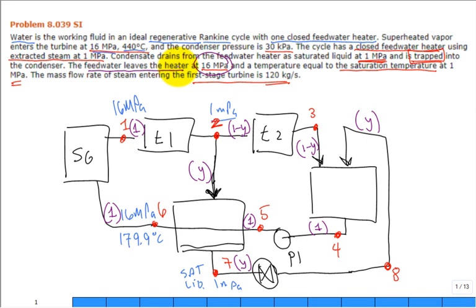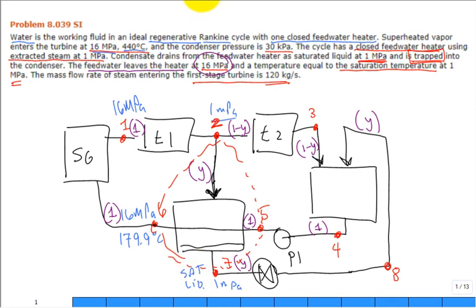We can get the equation for Y based on knowing the H's, the enthalpies. You do this a few times and you know what the game is. So you do a control volume around that closed feed water heater. And you do a mass balance in terms of Y's and 1 minus Y's. It's trivial, right? But you do now an energy balance.